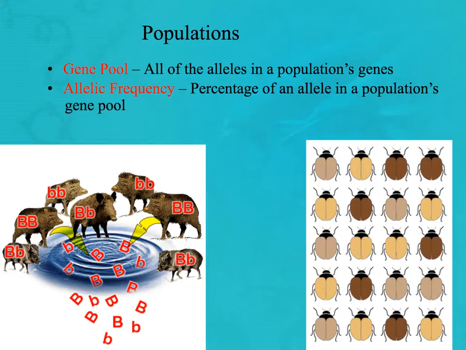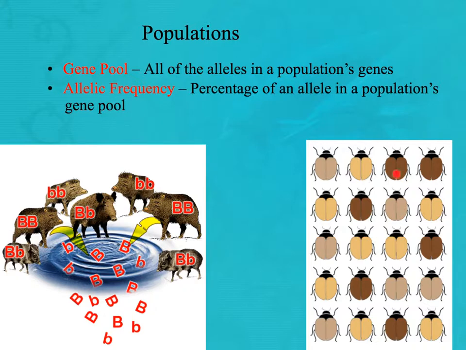So we have 1, 2, 3, 4 times 1, 2, 3, 4, 5. That's 20 total organisms, each of them having 2 genes, so that's 40 total genes in that population. And we could pretty easily look at this and calculate the number of capital B and lowercase b genes.